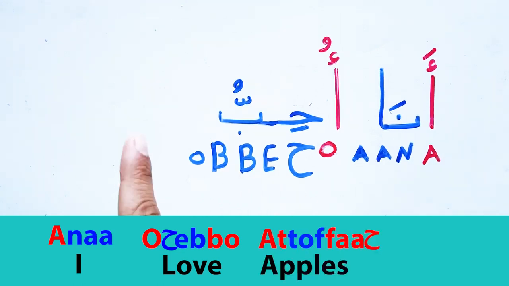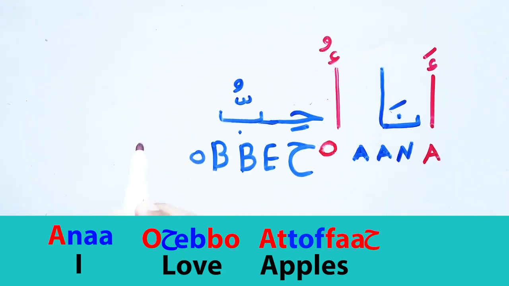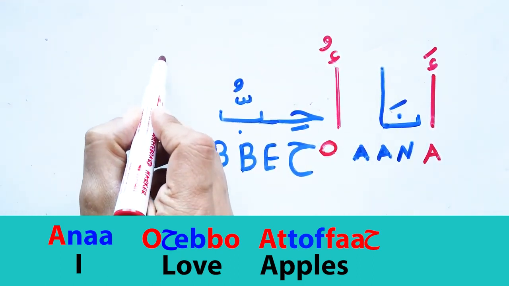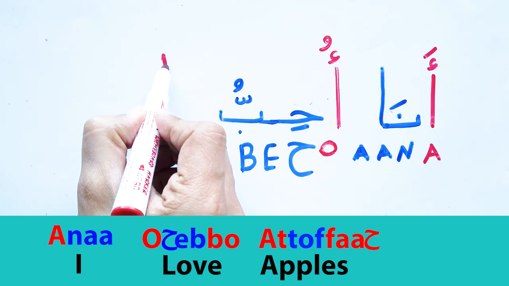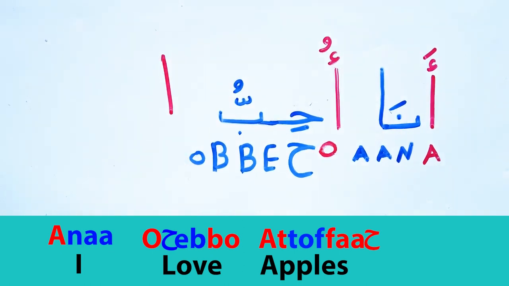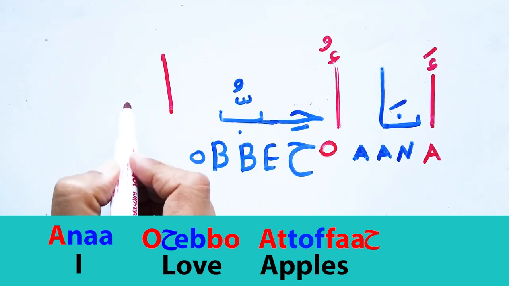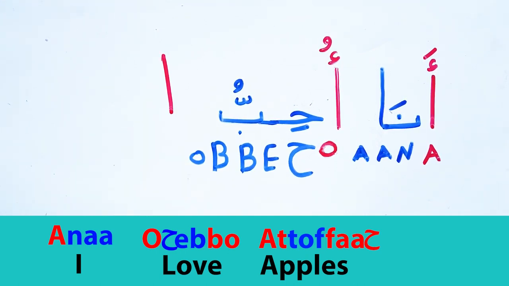I love apples. Apples is التفاح. Let's write it. I'll start from here. So التفاح, the sound of A is this letter here now. Okay, and I say at. Someone would get confused.